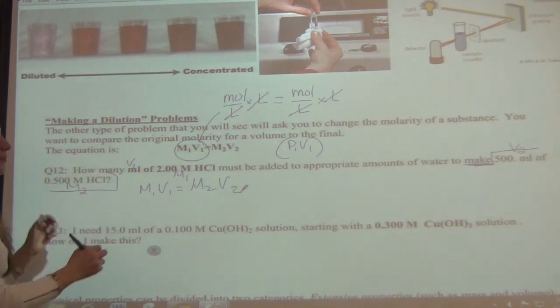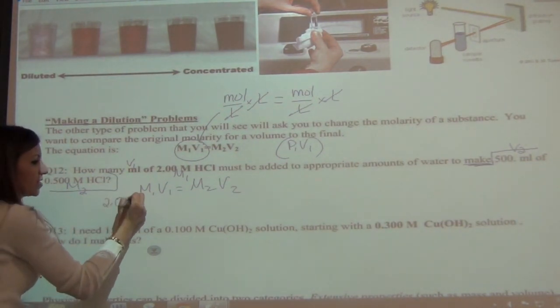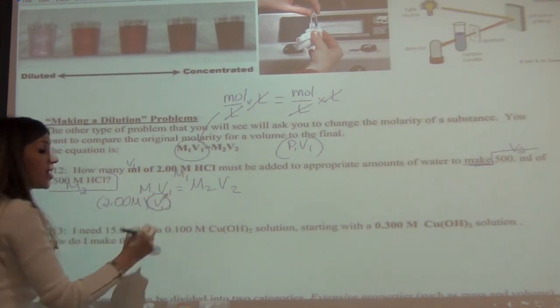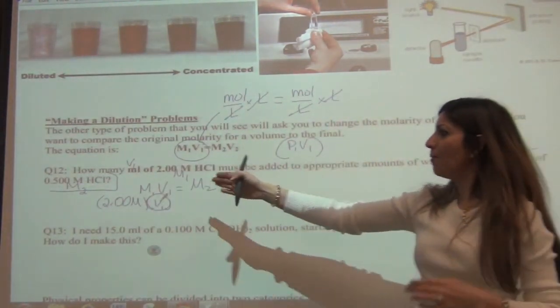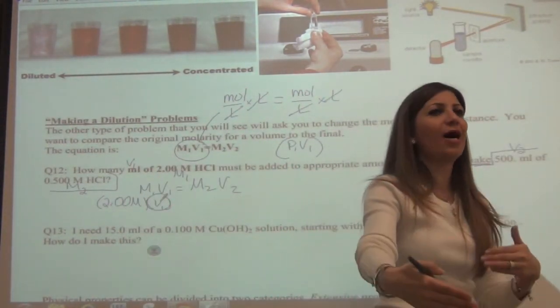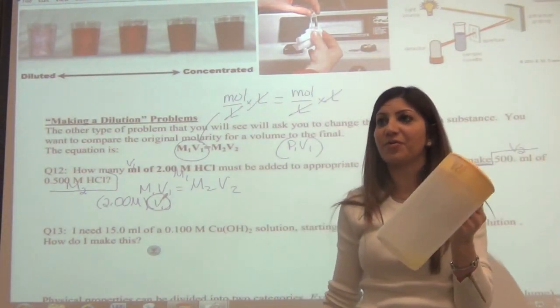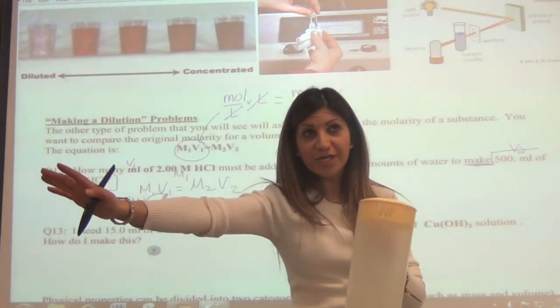So what's our M1? We know that. What's the first initial one? 2.00 molar. And our original volume is what we're looking for. We're trying to figure out how much of this stuff we're going to take out, because you don't want to be wasteful. Like I told you, if my husband diluted all of this, I'd be really upset with him. So you take out how much you want and do your own little dilution.